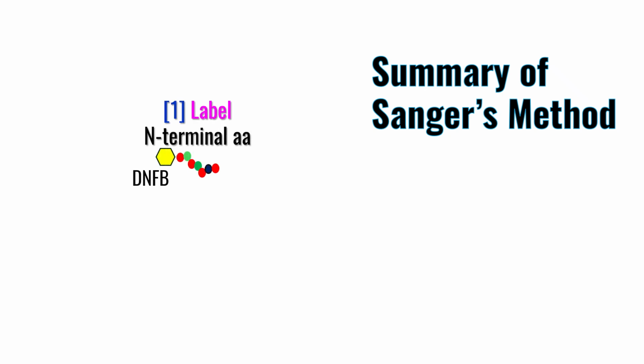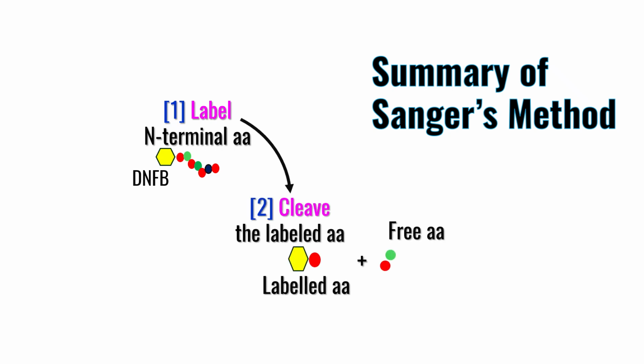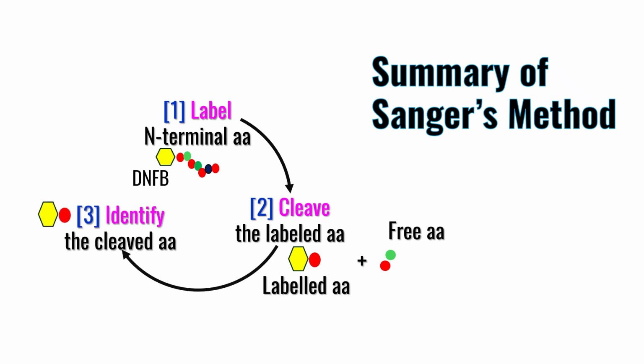So the Sanger method completes in 3 steps. Step 1 is reaction between DNFB and short peptide. This is known as labeling. This labeled peptide is then completely hydrolyzed in the second step using HCl, which liberates labeled amino acid plus free amino acid. The labeled amino acid is subsequently, in step 3, identified using chromatography technique.